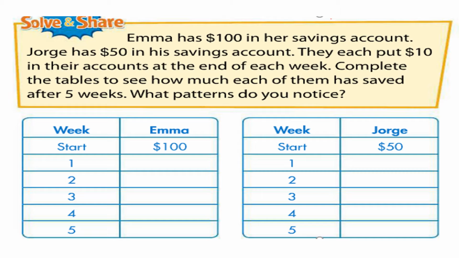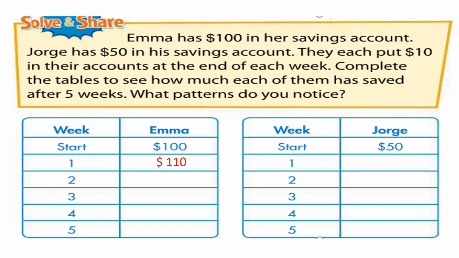Firstly, Emma starts with $100. That means she had $100 before, and at the end of each week she is putting $10 in her saving account. So of course, at the end of the first week, her money will be increased. I'm going to add $10 more, which will be $110, because the rule again is add 10 here.